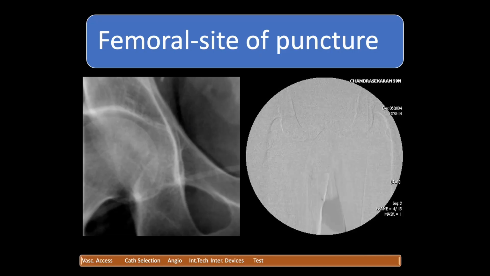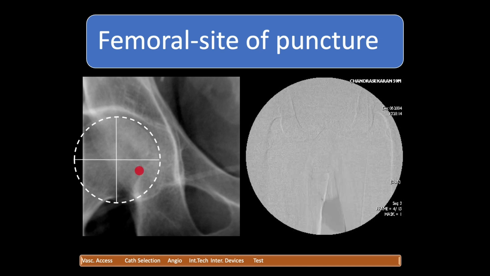Where do we puncture? If you have a femoral artery site, you do the screening, and you can make a round screen like this and divide it into 4 quadrants, and it should be the lower inner quadrant, where the red mark is. That is the site where you should puncture.